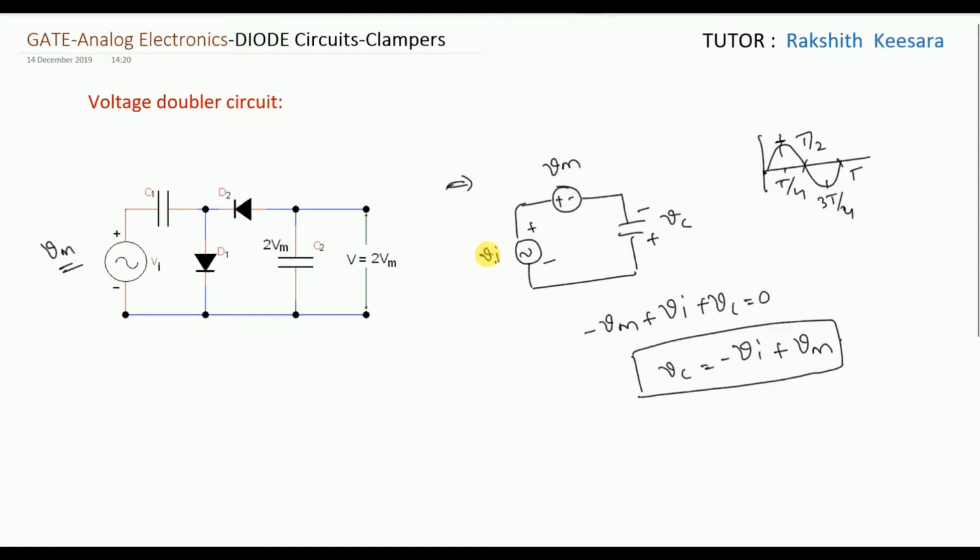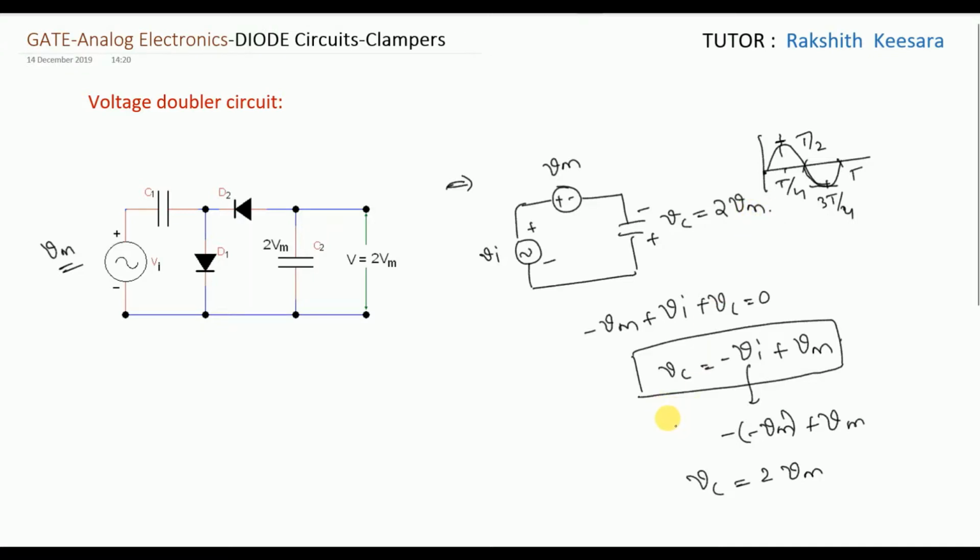So what will happen is, when Vi reaches 3T by 4, that is minus Vm, the capacitor voltage will charge to 2Vm. The Vc will charge to 2Vm.